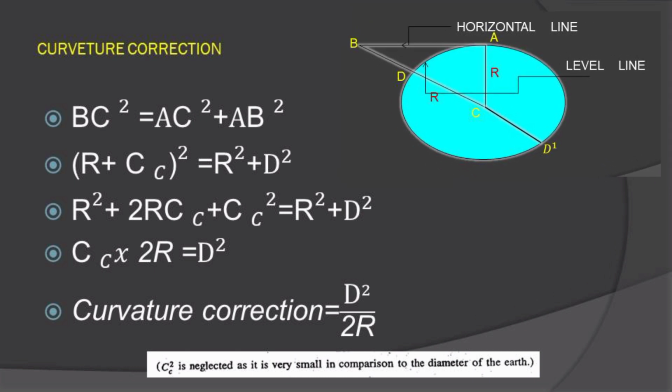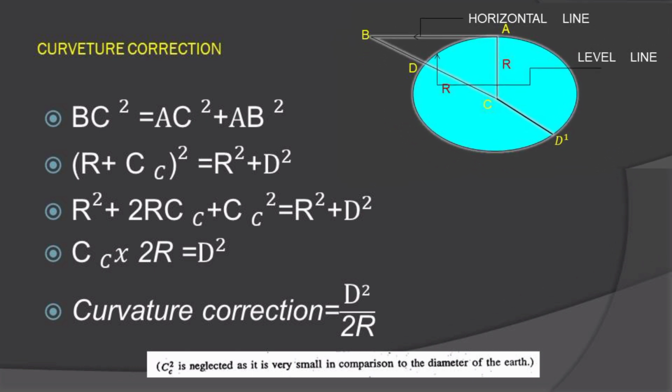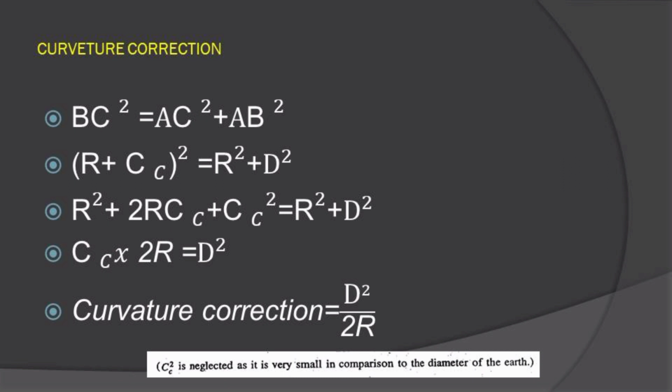We can observe there BC, that is the distance BC, that is R plus CC, so we square that, is equals to R squared plus D squared. When you go again to the mathematical equation, that is the quadratic equation and expressions, you can look at that. So that is found in year 3 of secondary and high school education.